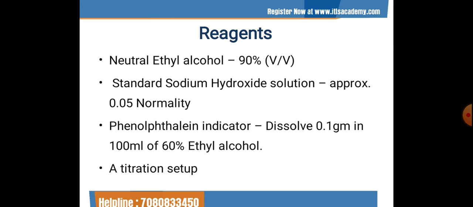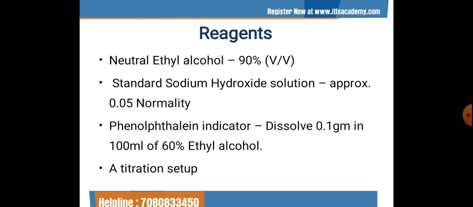What are the reagents required for this? We need a neutral ethyl alcohol of 90% volume by volume, a standard sodium hydroxide solution of approximately 0.05 normality, phenolphthalein indicator dissolved at 0.1 gram in 100 ml of 60% ethyl alcohol, and a titration setup.